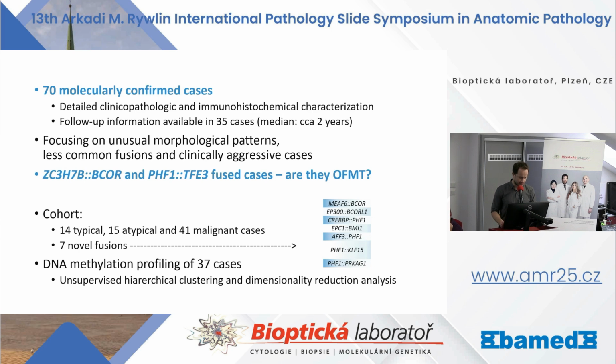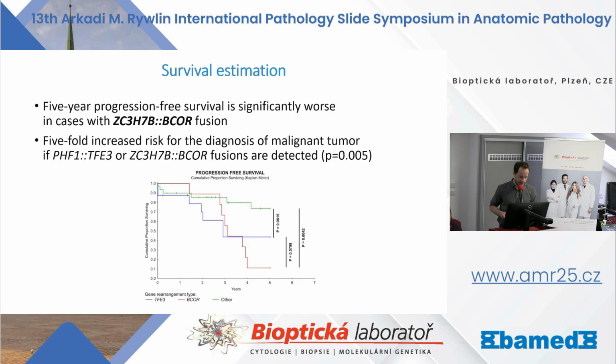And we did DNA methylation profiling of 37 cases, and then we analyzed that data using unsupervised hierarchical clustering and dimensionality reduction analysis. And we also did survival statistical analysis, where according to our data, the 5-year progression-free survival was statistically significantly worse in cases with the B-core fusion.